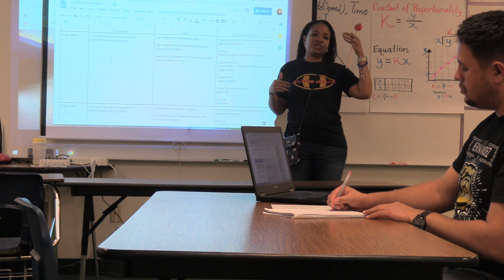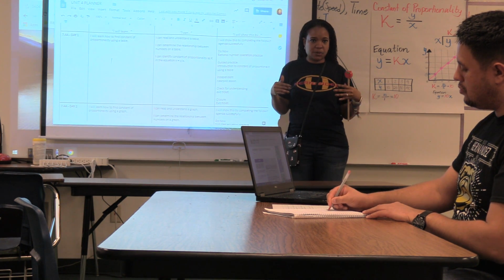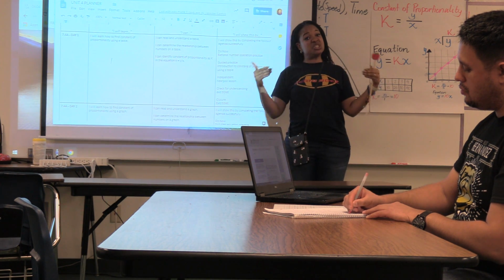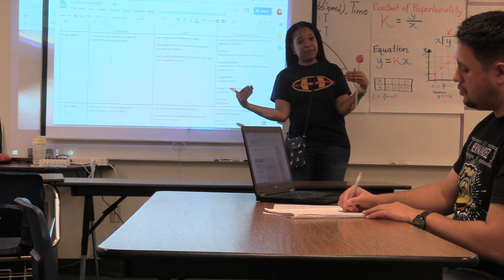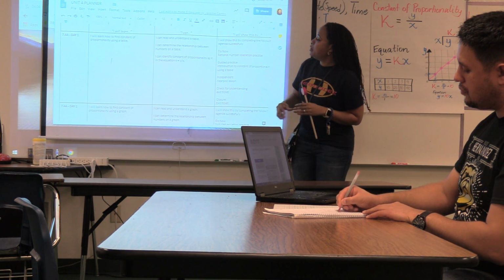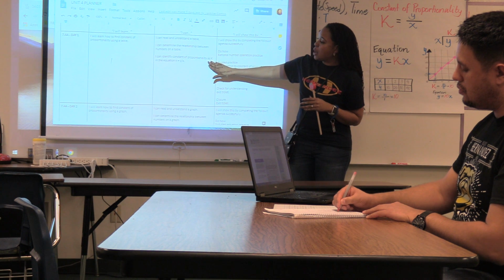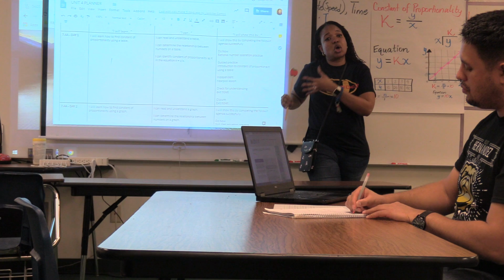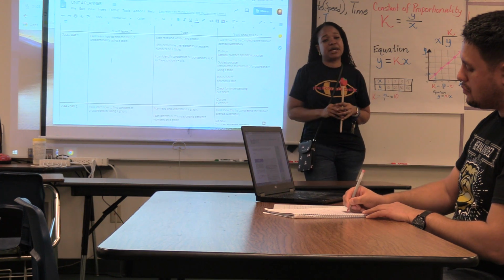Do you understand the outputs, which are your dependent variables? Then our second success criteria would be to understand the relationship between the input and output. What happened to our input to create our output? And then we want to be able to define that relationship and call it the constant of proportionality.